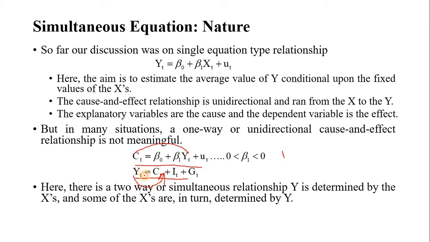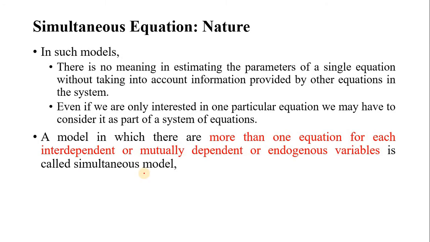So we have two endogenous or dependent variables, ct and yt, in two equations, but they are mutually interdependent. That's why it is called endogenous. We have more than one equation for each interdependent variable, and that is called a simultaneous equation model.